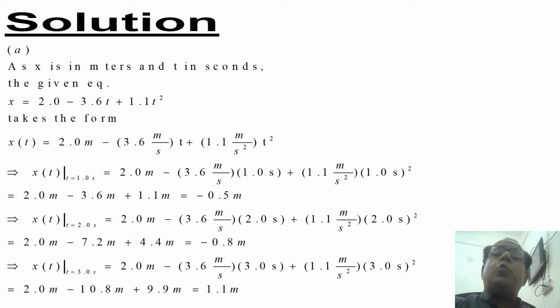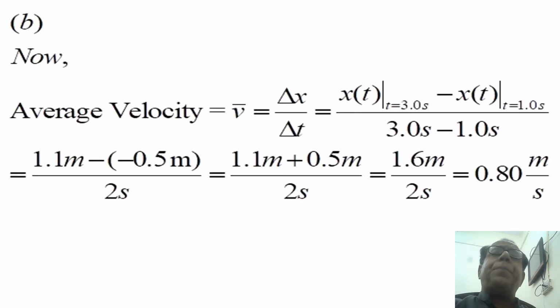Now we move on to the next slide to see the solution of part B. Part B: average velocity equal to v bar. We have also previously explained that a bar over v denotes average. So average velocity v bar equals delta x over delta t.